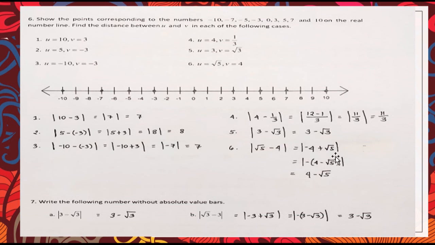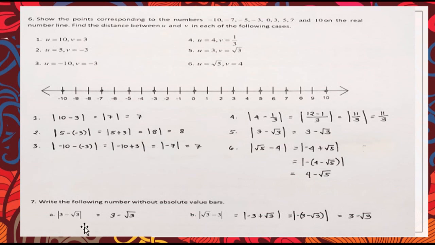So, atong i-factor out ang negative. Ipagawas na to si negative, mao ni 4 minus square root of 5. So, iuna na to si 4 kay dako man siya kay ni square root of 5. So, gipagawas na to ang negative. So, the absolute value of that is 4 minus square root of 5 ra.